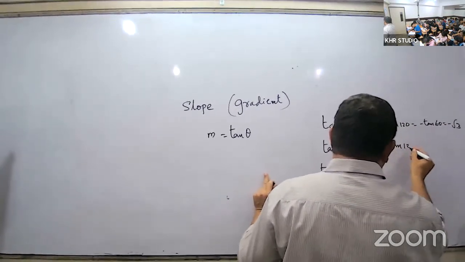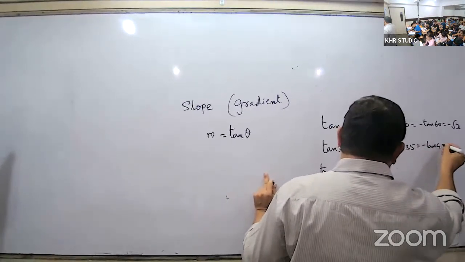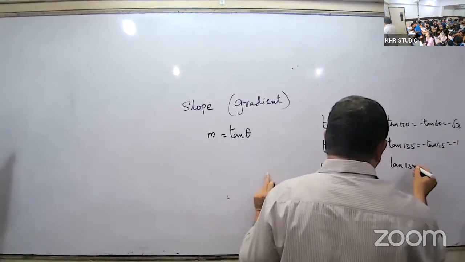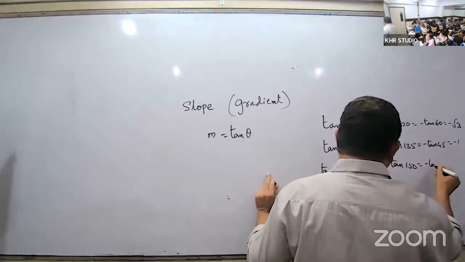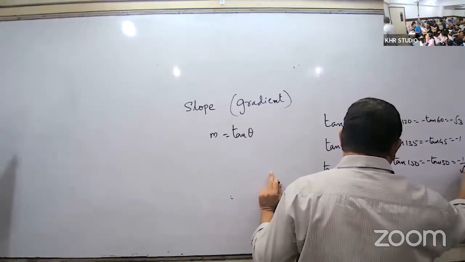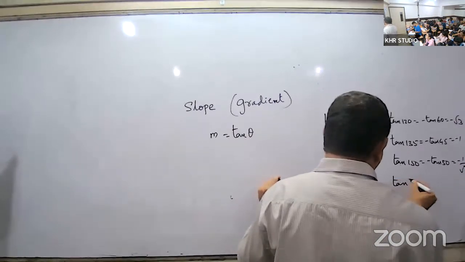Tan 135 is minus tan 45, which is equal to minus 1. Tan 150 is minus tan 30, which is equal to minus 1 upon root 3. And the last one is tan 180 equal to 0.